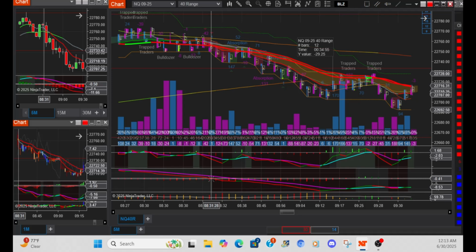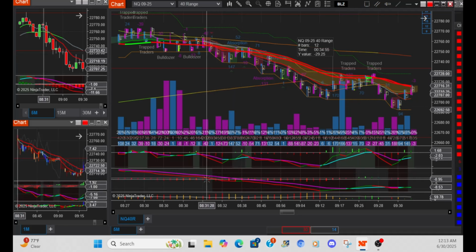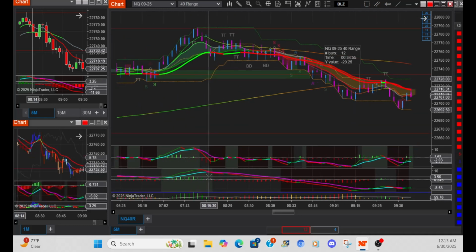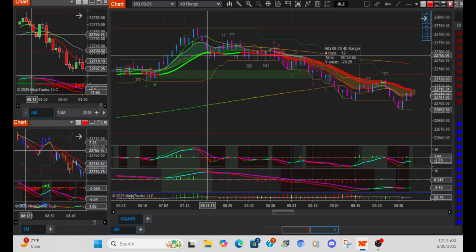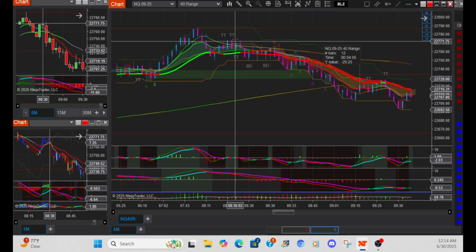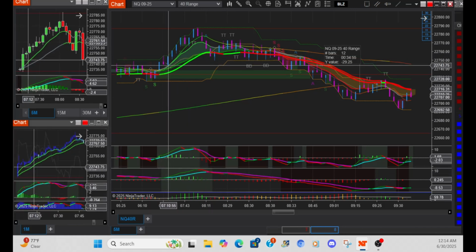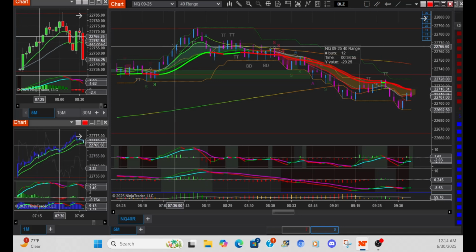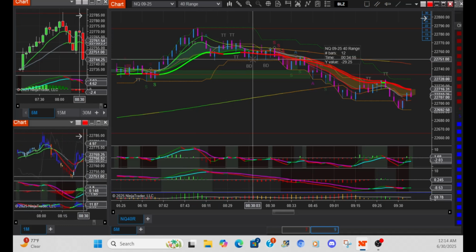When I say there's usually a pullback, that's exactly what I'm talking about. It usually happens right after the MACD crosses. See, the MACD crosses here? You got a pullback. MACD crossed here. We got a pullback. That's a typical pattern that happens.